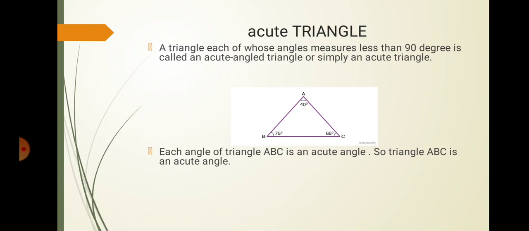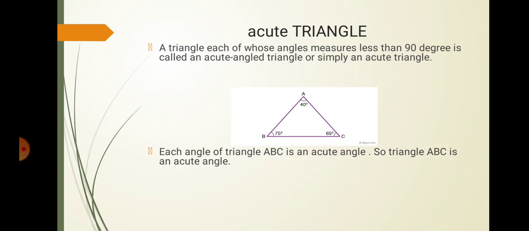Next, acute triangle: a triangle each of whose angles measures less than 90 degree. As we all know, a triangle has three angles. All the three angles should be less than 90 degree, because an acute angle means the measurement is less than 90 degree.